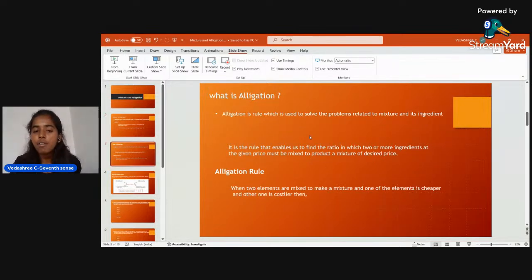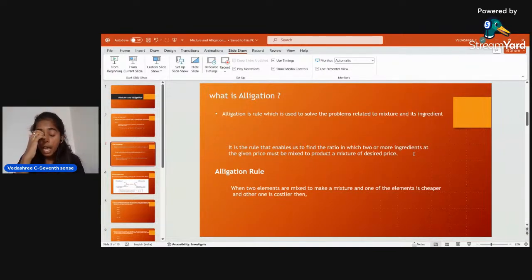So we have a rule to calculate the mixture. Alligation is a rule that enables us to find the ratio in which two or more ingredients at a given price must be mixed to produce a mixture of a desired price.